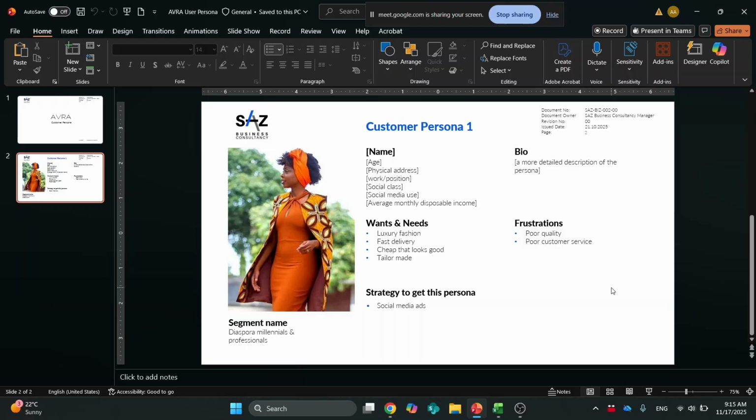So can I confirm the time so that I can also see from my end if it's possible? Yes, please. At what time? Clémence, what time suits you this evening?